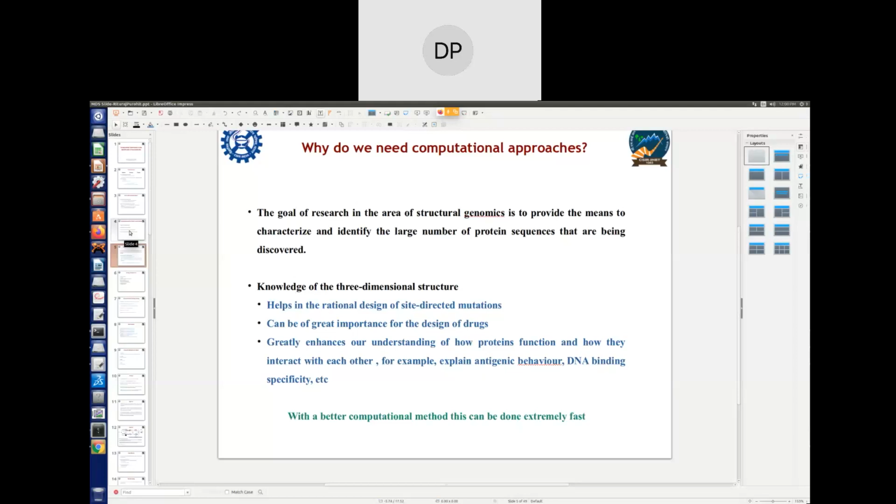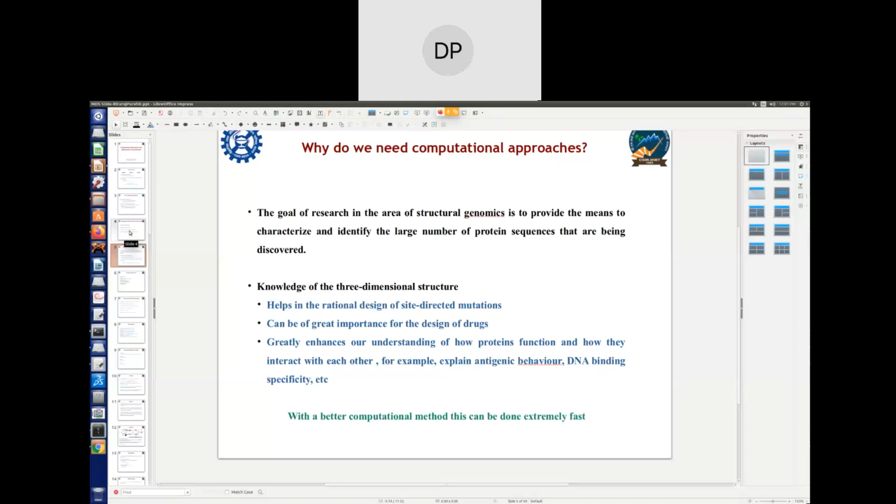As I told, there is a big gap between the sequences available in the database and the structures. The structure database is so small compared to the sequence database. In the NCBI database you have huge numbers of sequences of different kinds of proteins from all organisms, but very limited structures compared to that.